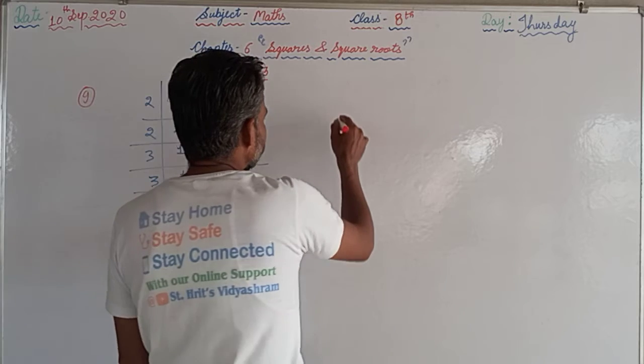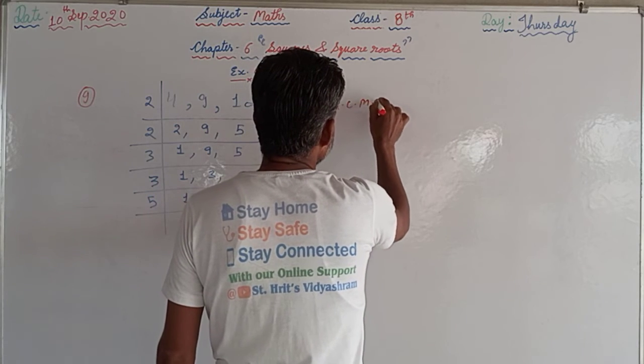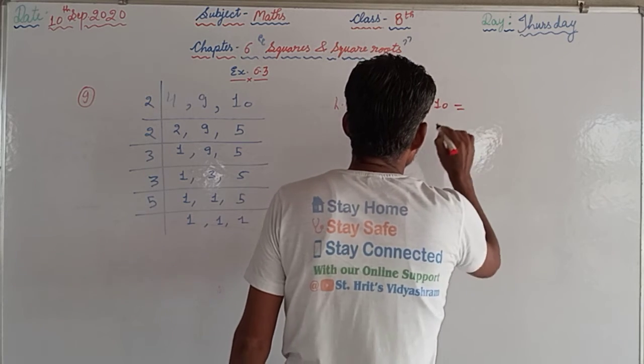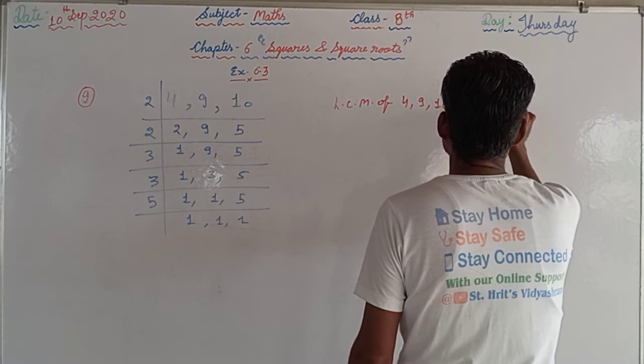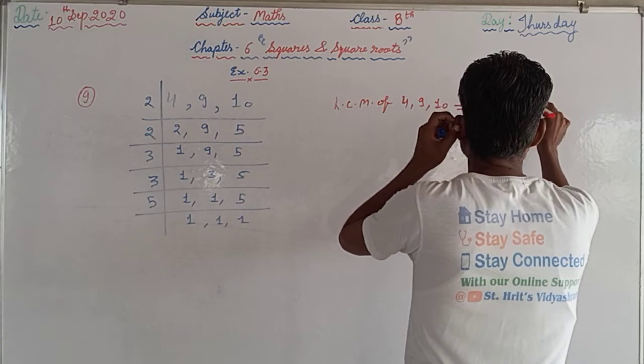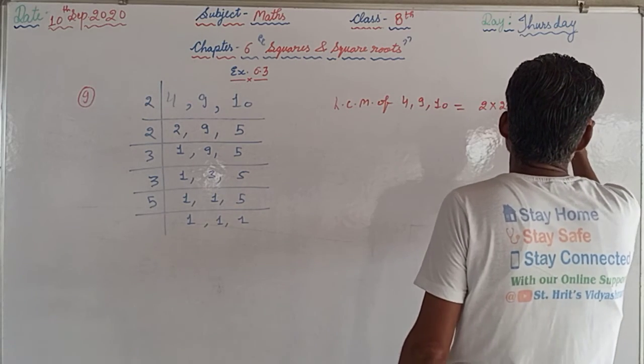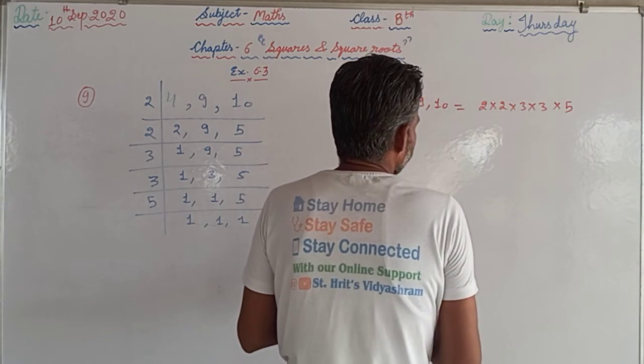So the LCM of 4, 9 and 10 is equal to 2 into 2 into 3 into 3 into 5.